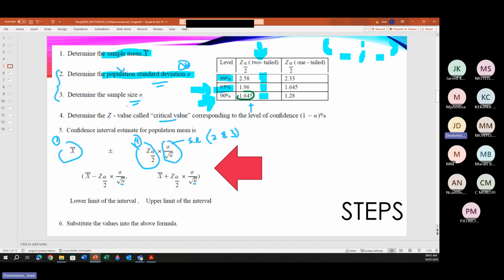From that point of view, they might in the assignments test you a bit to see if you understand the difference between those two. But in the exam, it will be straightforward. They will tell you it's known or unknown so that you know which one to use. Okay, all right. Thank you so much.